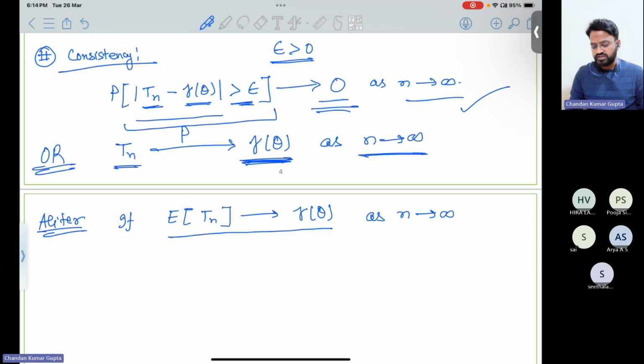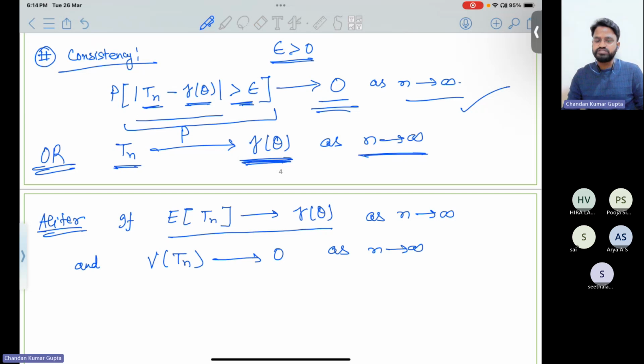As n tends to infinity, the expected value of the statistic converges to the parameter value, gamma theta. And the variance of that estimator tends to 0 as n tends to infinity.